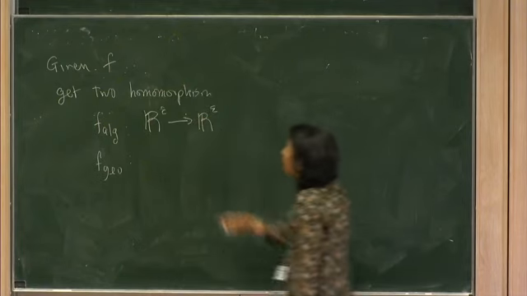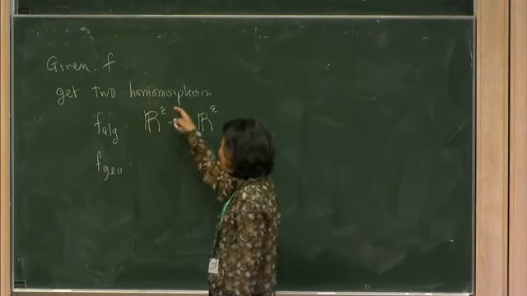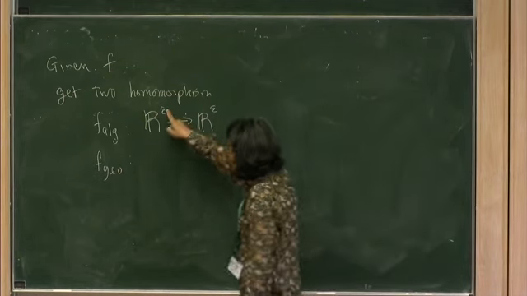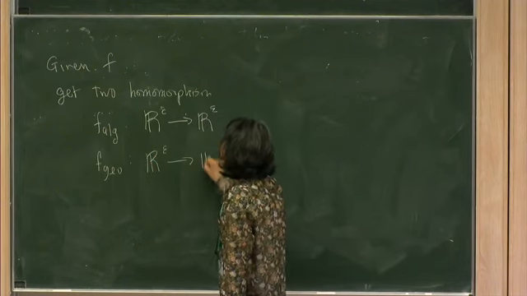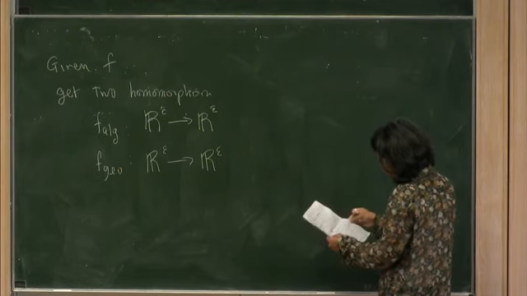You can think of this as real labels on the edges, or maps from the edges to R, or just R to the number of edges. These are defined as follows.